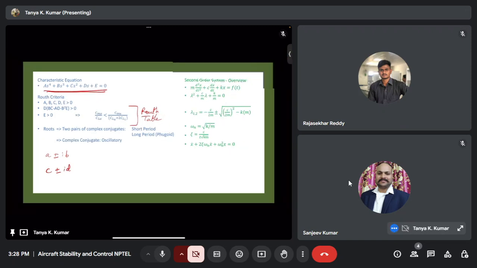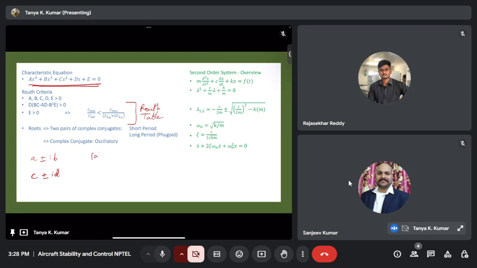Now if say the magnitude of A is greater than the magnitude of C, can you tell me which of these pairs corresponds to short period, and which of these pairs corresponds to long period?